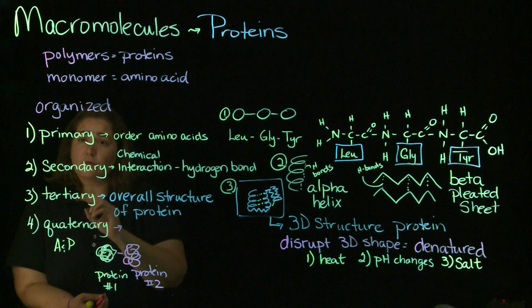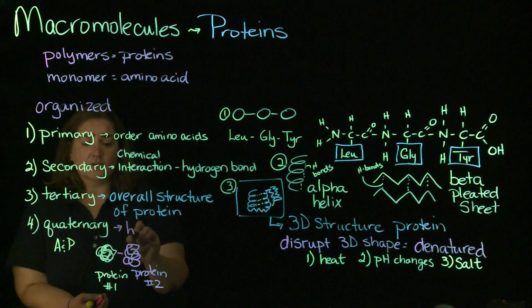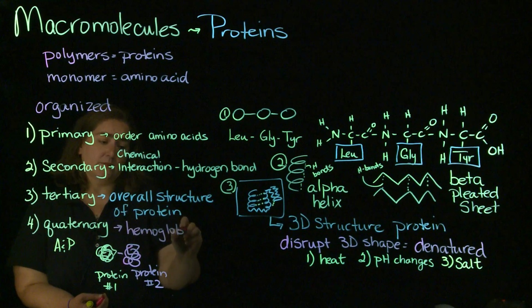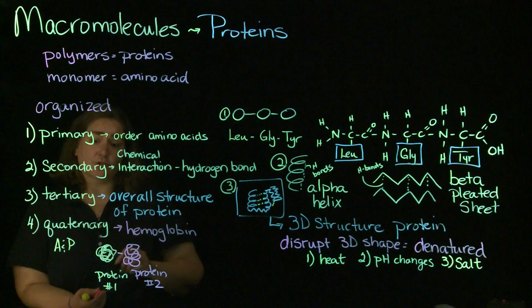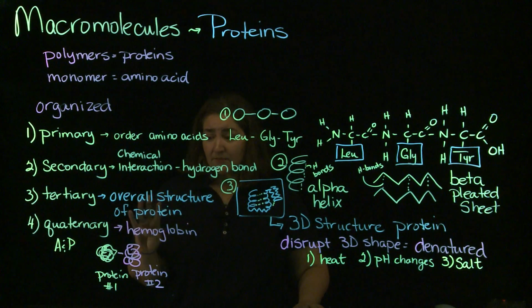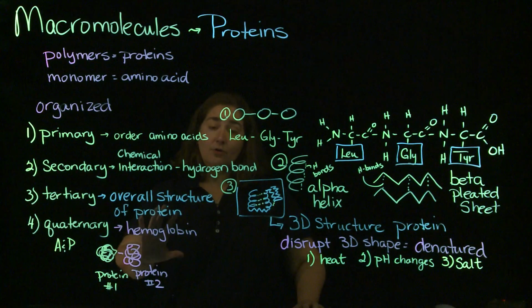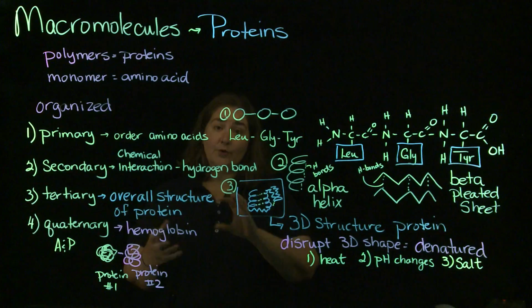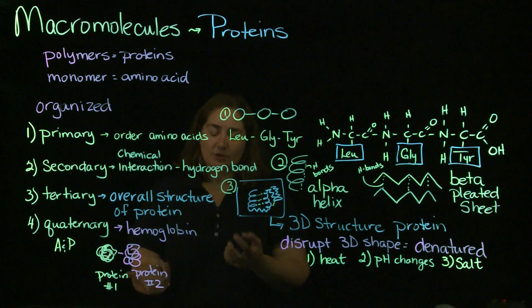Great example when you get to anatomy and physiology: hemoglobin is put together in quaternary structure. There are actually 4 peptides that compose hemoglobin, and those 4 peptides are important in how that hemoglobin functions.